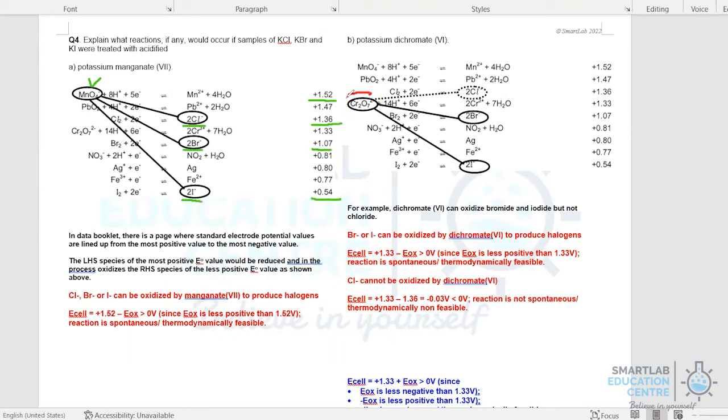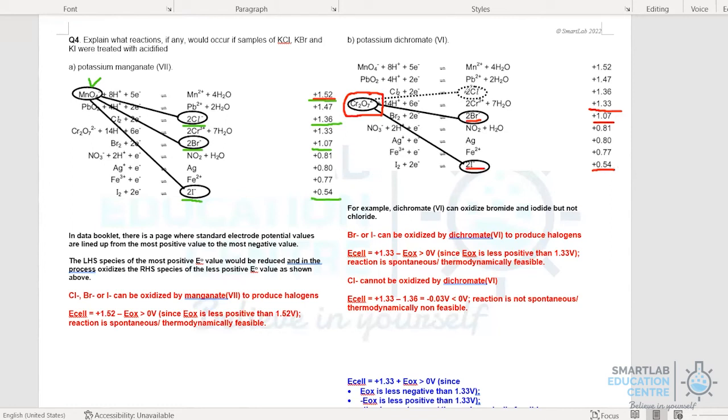However, if we were to use acidified potassium dichromate, which is a weaker oxidizing agent than potassium permanganate, because its standard electrode potential value is 1.33 volt, which is lower than the 1.52 volt, which is the standard electrode potential value for acidified permanganate, then we can conclude that dichromate is only capable of oxidizing bromide, which is plus 1.07 volt, as well as your iodide, which is 0.5 volt.